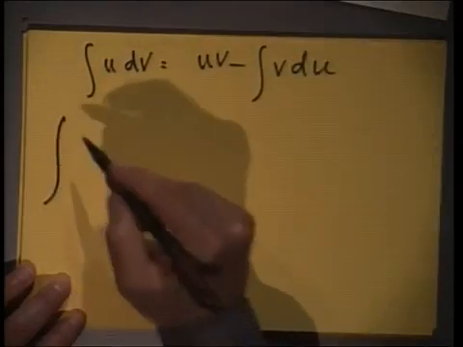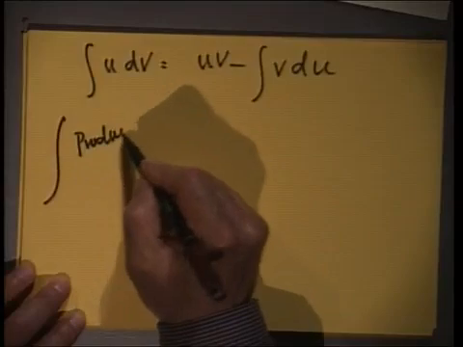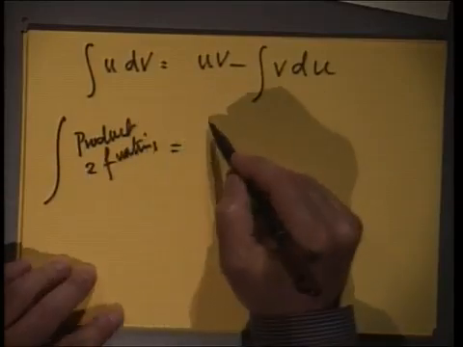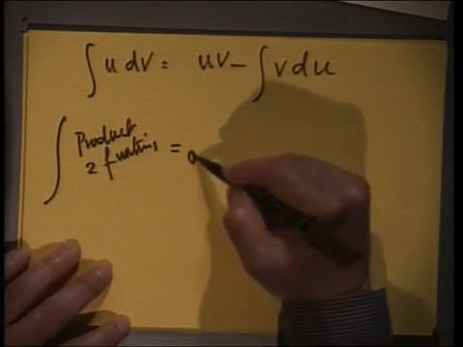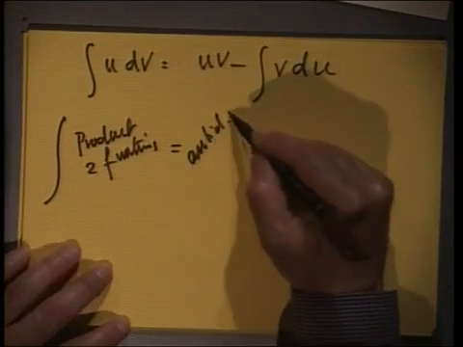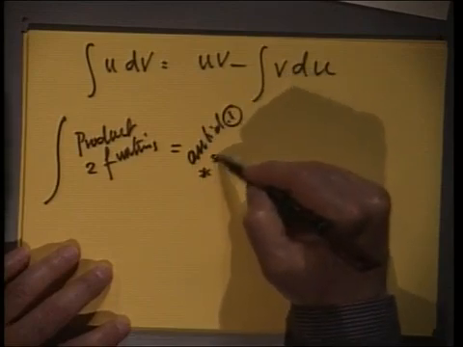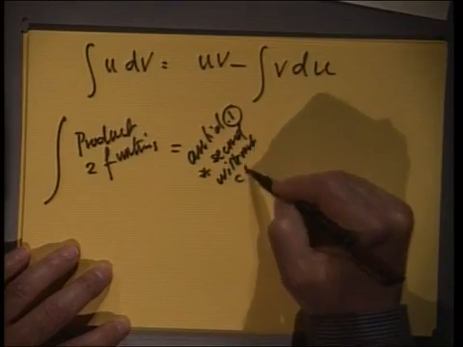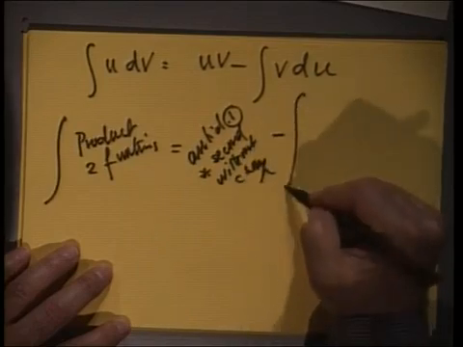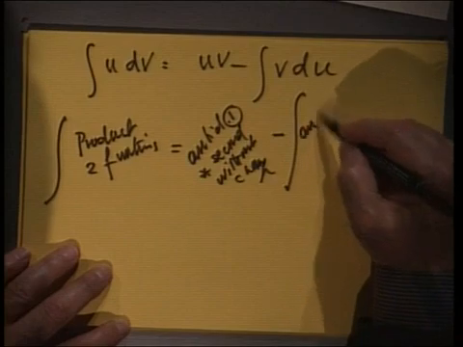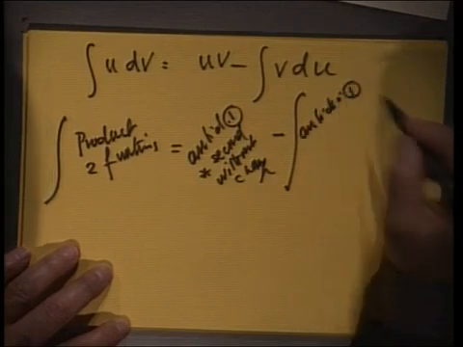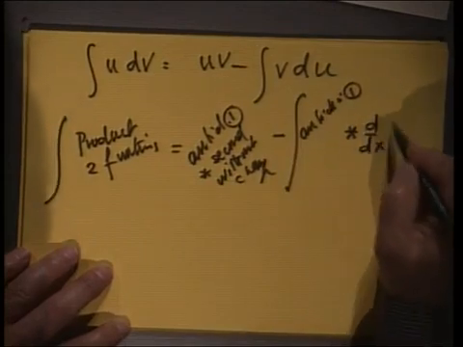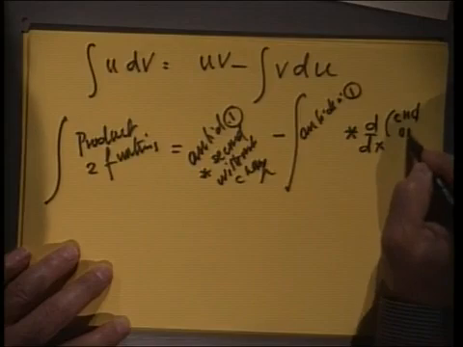You say the integral of a product of two functions is equal to the antiderivative of one times the second one without change, minus the integral of, again, the antiderivative of the first one, but this time not times the second one, times the derivative of the second one, and this is how it goes.